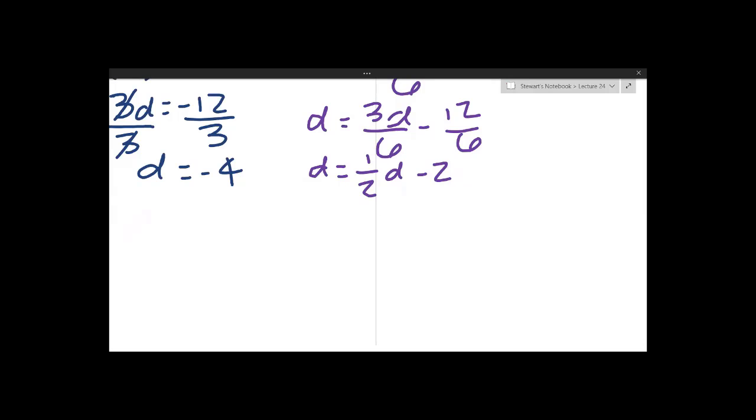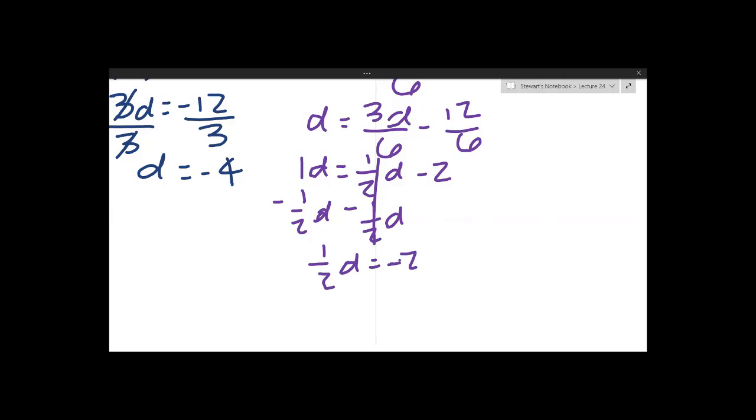Again, to avoid a negative, since we have 1d on the left side and 1/2 d, which is smaller, because 1/2 is less than 1, I'm going to subtract this 1/2 d from both sides. So then it would cancel over here. And 1d minus 1/2 d is positive 1/2 d is equal to negative 2.